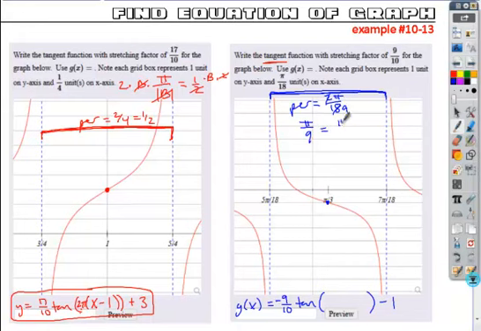And so if we set that equal to pi over the absolute value of b, then what does that mean our b value is? Multiply by b to get it out of the denominator. Multiply by 9 to get 9 out of the denominator. Divide by pi to cancel. And so we get our b value to be 9.